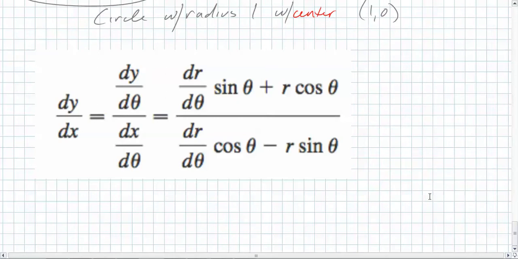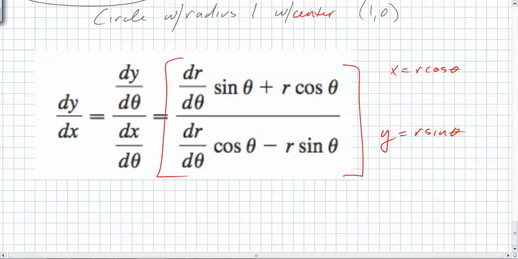Remember, x equals r cosine theta, and what does y equal? You see that right there? Got it. So what this allows you to do is to do that first derivative and get dy dx, but start with the polar form of the curve. It's nice. You have to remember this. This is important.